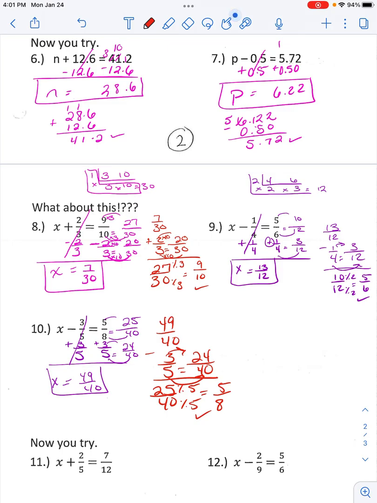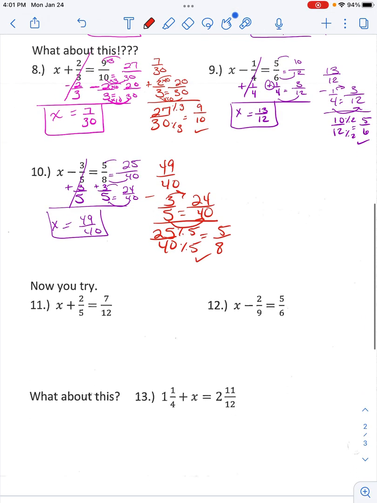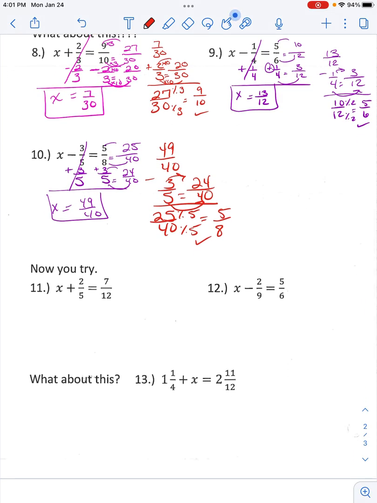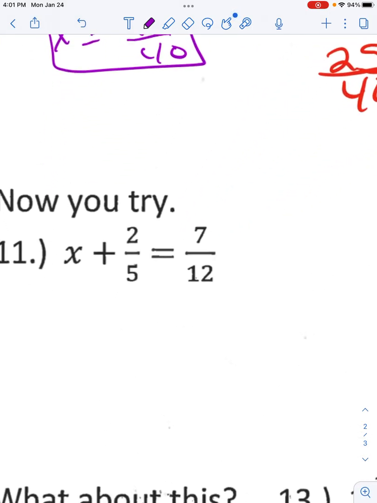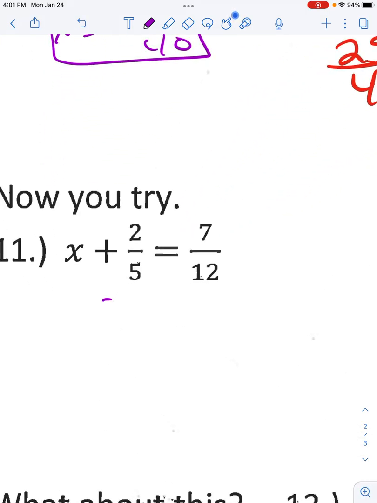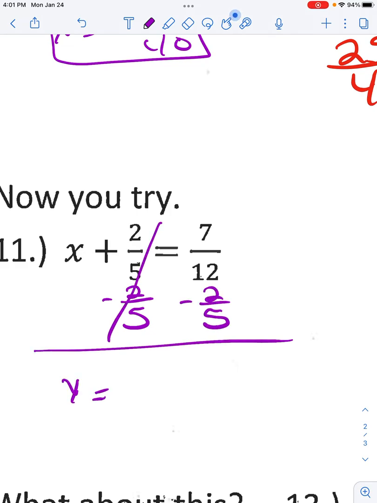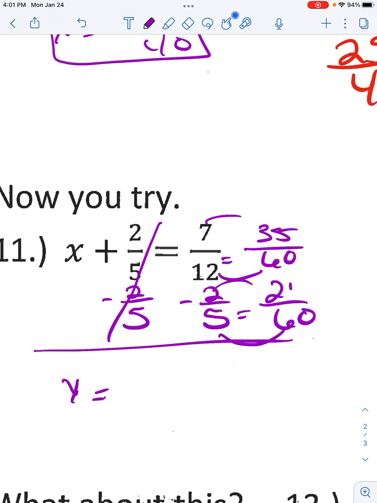Okay. Go ahead and see if you can pause and do number 11 and 12, and then unpause to see if you got them correct. 11 said x plus 2/5, so you should have done the inverse, subtracted 2/5 from both sides. Common denominator you should have found was 60. 12 times 5, 5 times 12. We're subtracting.